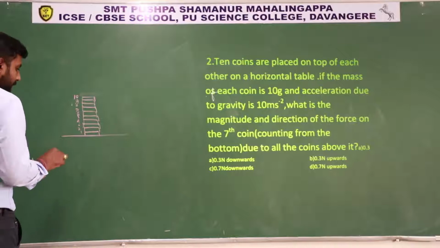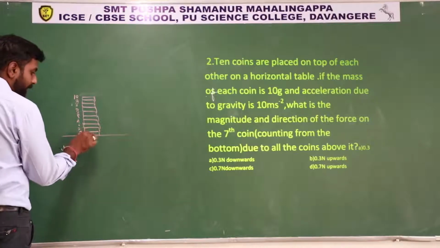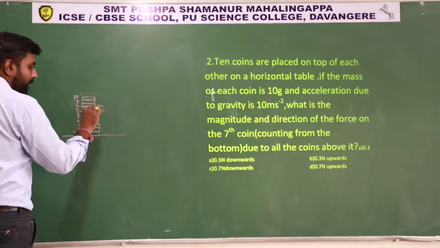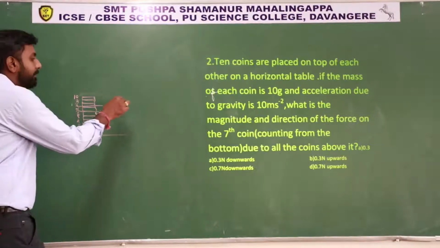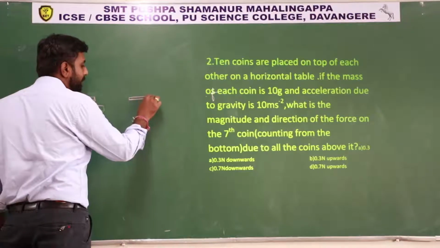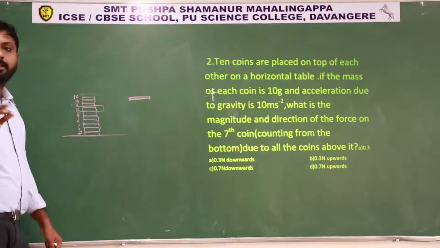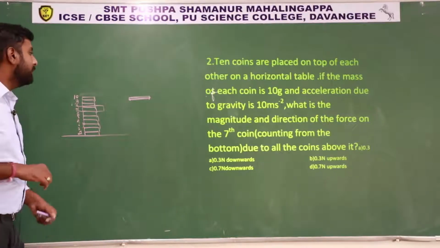And in these 10 coins we have to count from the bottom: 1, 2, 3, 4, 5, 6, 7. So separately I will write the free body diagram of the 7th coin from the bottom. How many coins are there above it? Still 3 coins are there, isn't it?